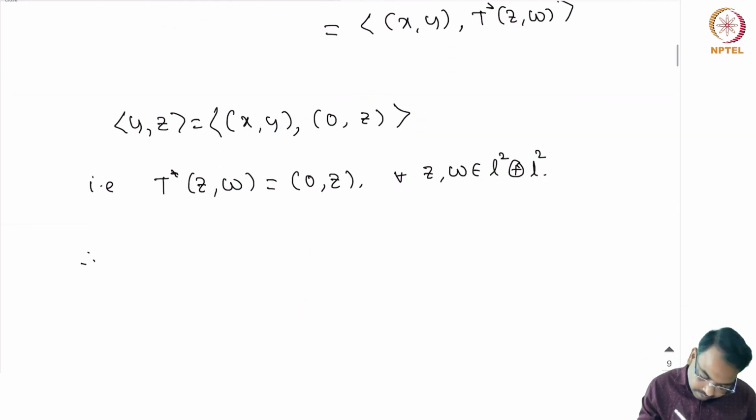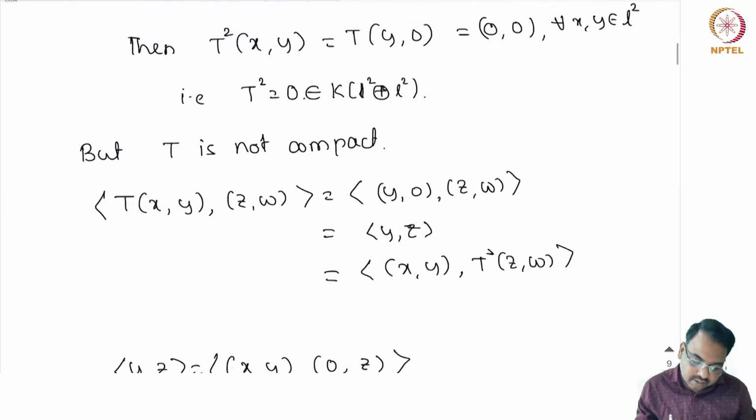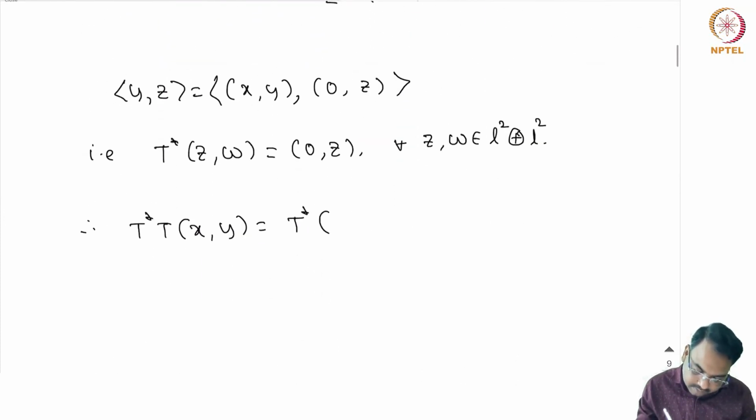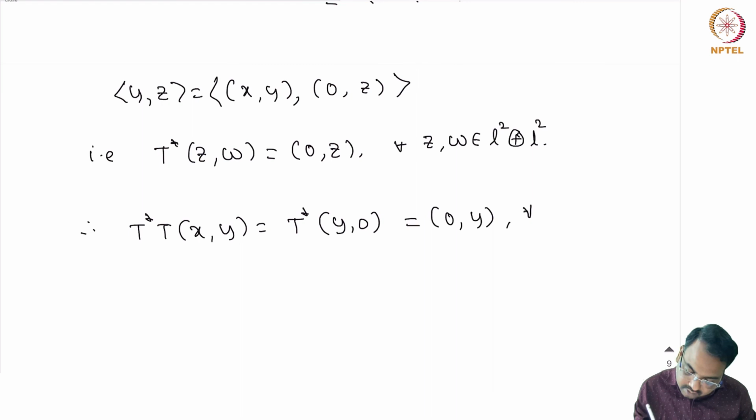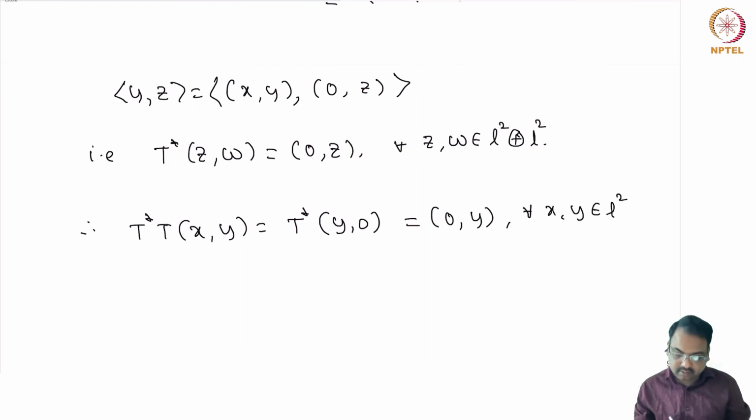Therefore, if you look at T star T at (x, y), this is T star of (y, 0), but that is nothing but (0, y) for every (x, y) coming from L2.